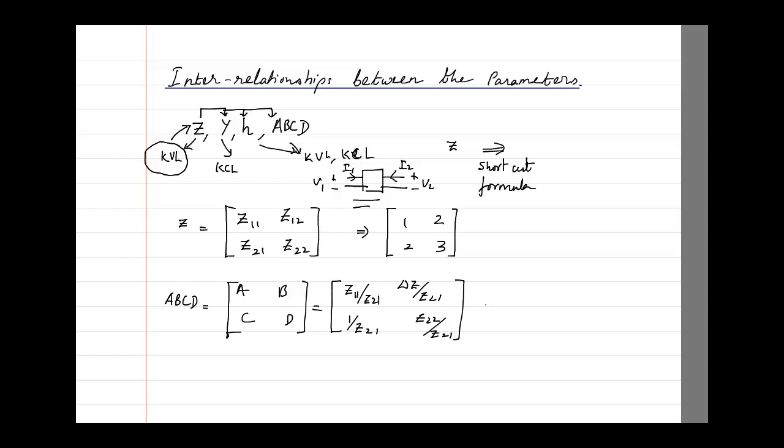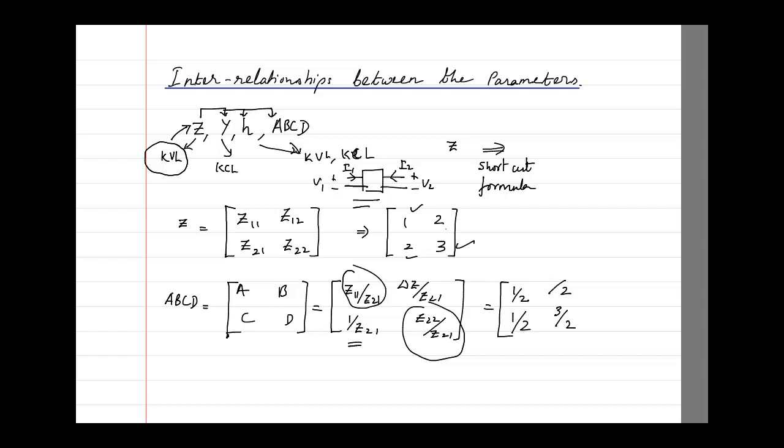Then you will be able to easily find out that I know what is Z11 which is 1, and what is Z21 is 2, so A will be 1 divided by 2, C will be 1 divided by Z21 which is 2, Z22 is 3, so D will be 3 divided by 2 and finally delta Z divided by Z21 which is 2.